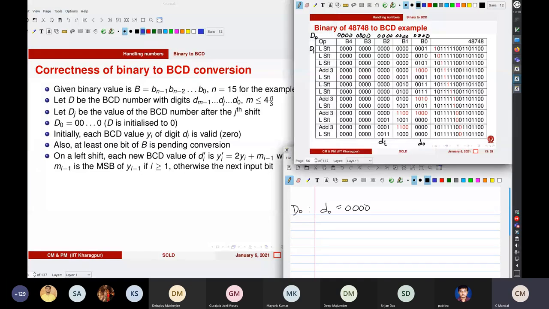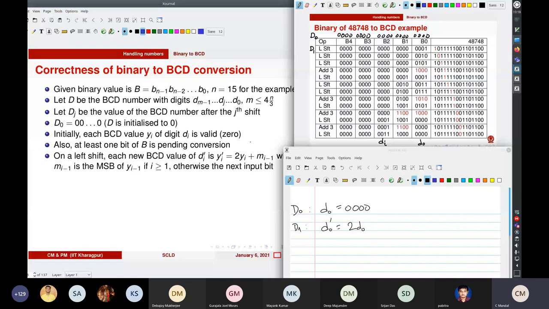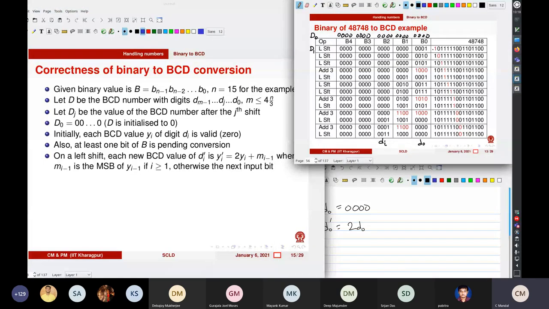So after your first shift, what you have is D1 really. What is D0 dash? That is 2 times D0, because you are doing a left shift, plus this bit which is coming in here.